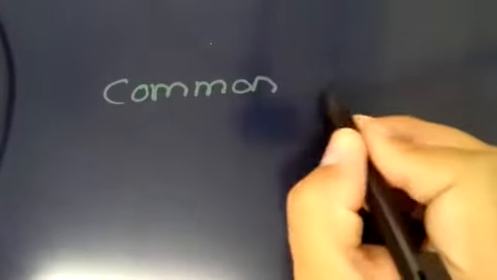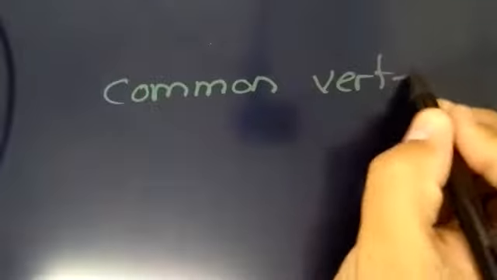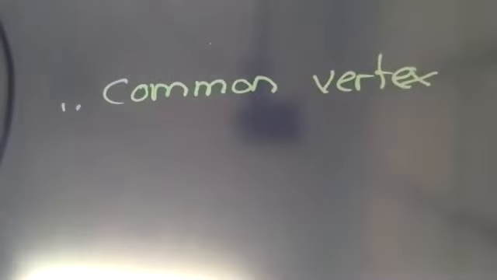For number 8, it talks about the statements that justify the claim. All right. So you have to understand, you have to go back and find out, look it up. What does it mean by common vertex? All right. Find out what it means by common vertex.